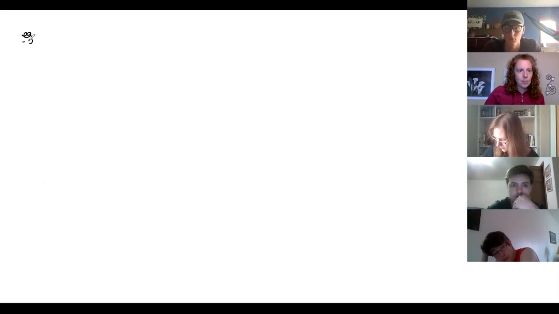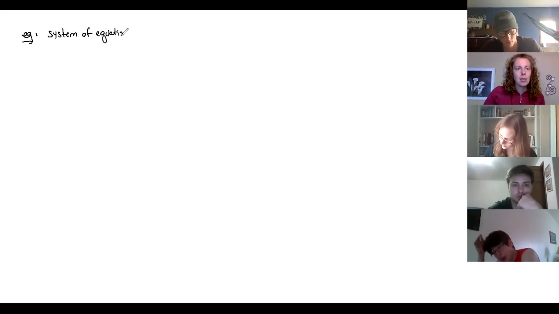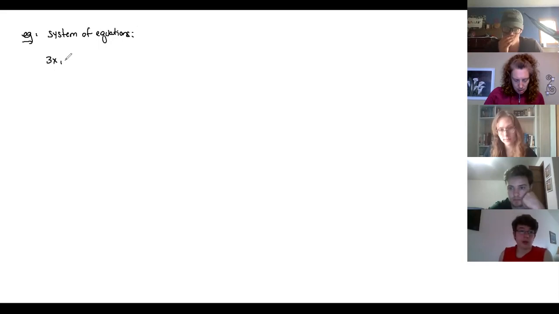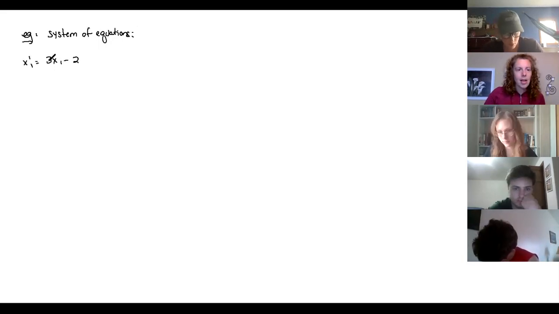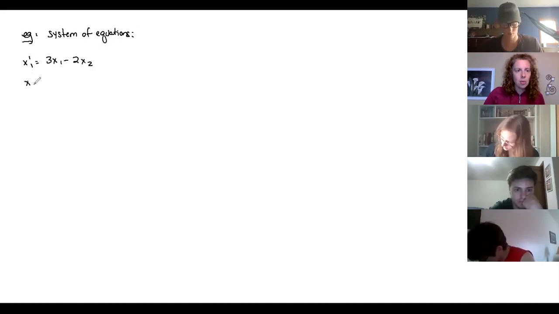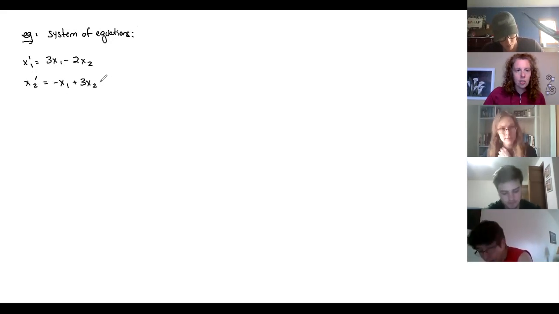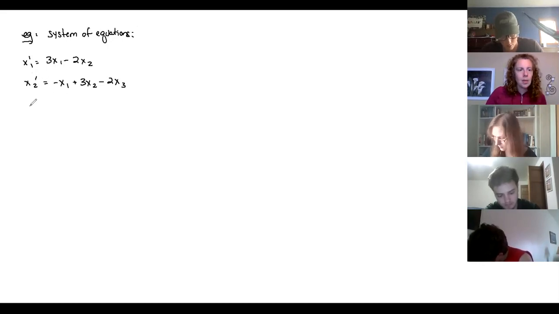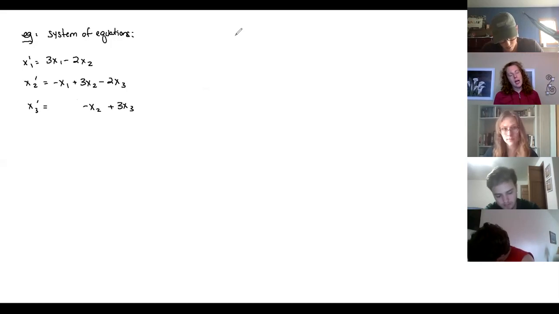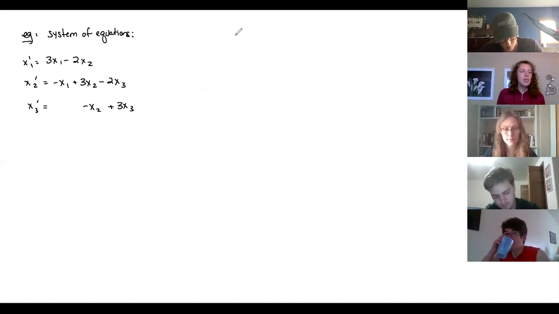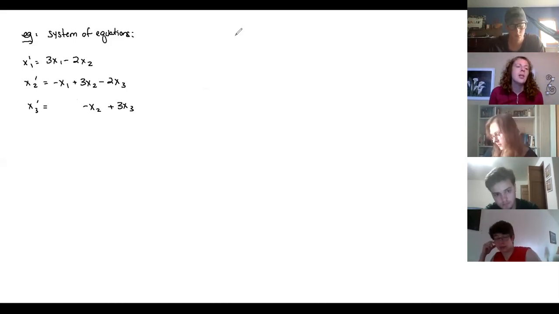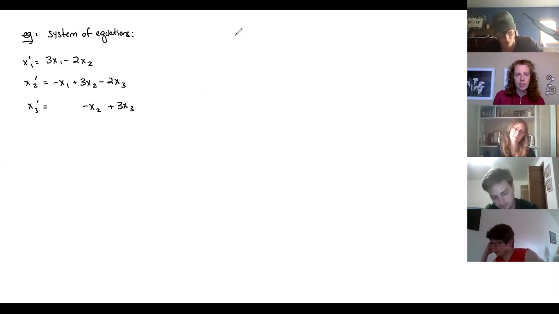For example, here's my system of differential equations. x1 prime equals 3x1 minus 2x2. x2 prime is negative x1 plus 3x2 minus 2x3. x3 prime is negative x2 plus 3x3.